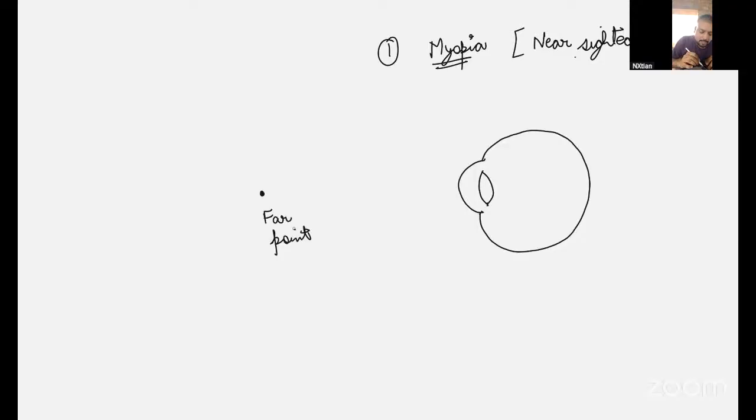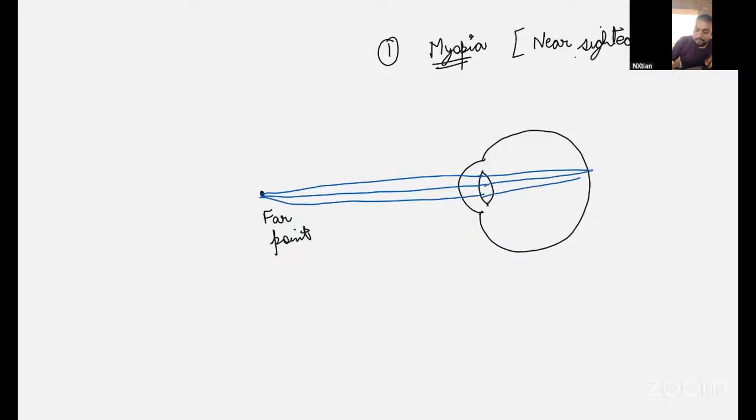A ray coming from the far point like this converges on the retina, and he can see that far object clearly. The image is on the retina. Are you getting my point?